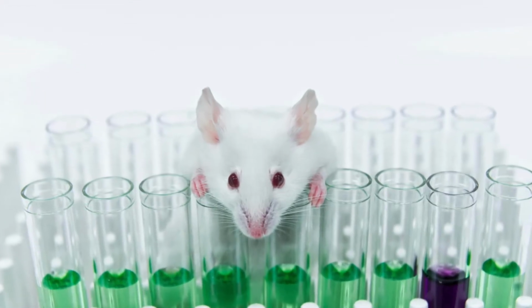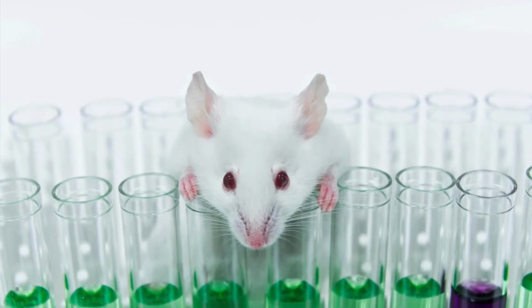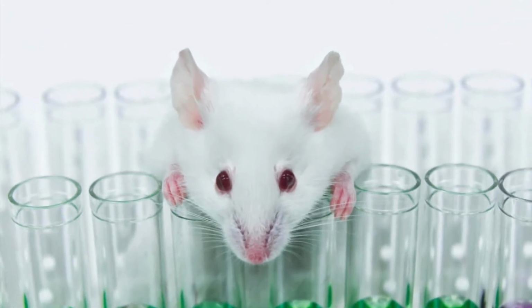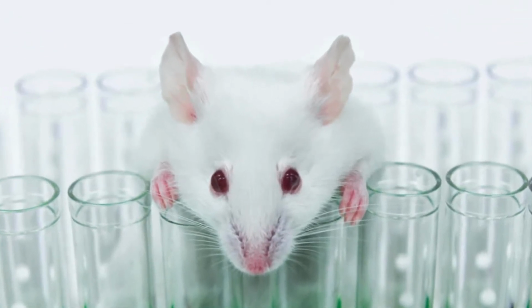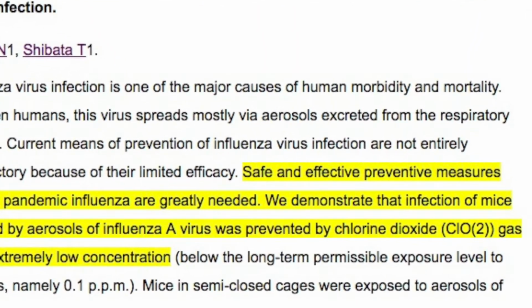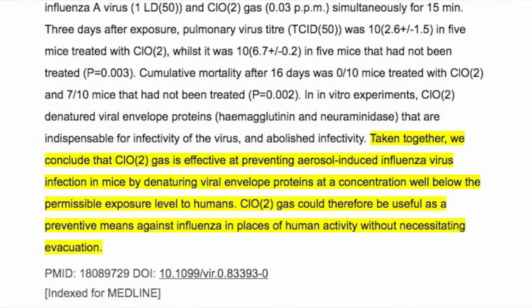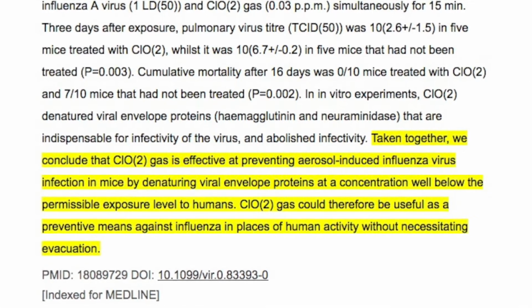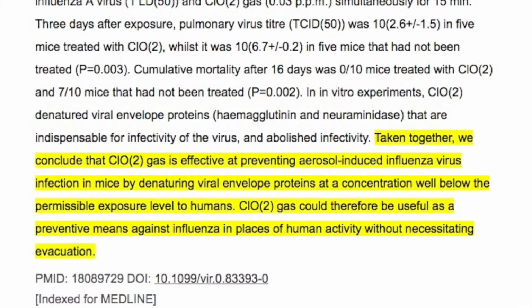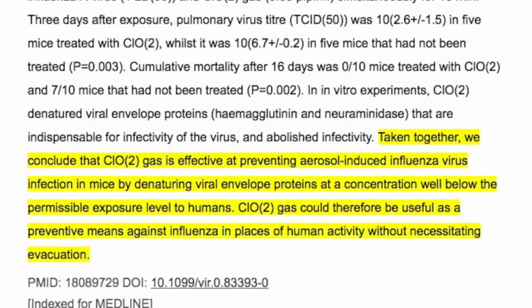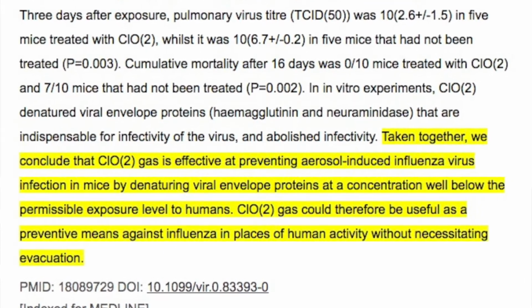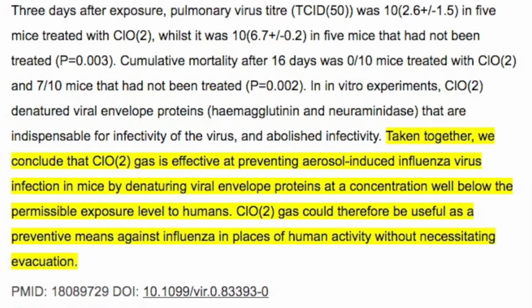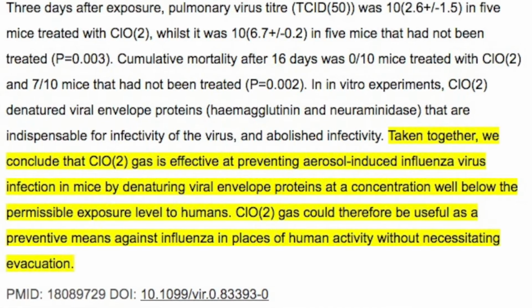But there were no deaths in the group that received that low dosage of chlorine dioxide. Their study showed that the low dosage of chlorine dioxide damaged the protective protein envelope of the virus without damaging the host. Their conclusion was that this could be a safe and effective method against virus infections in humans.